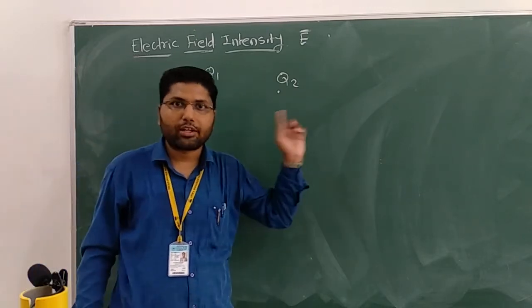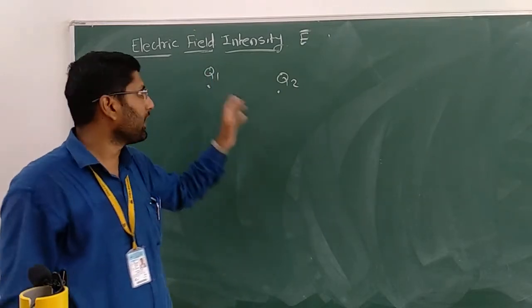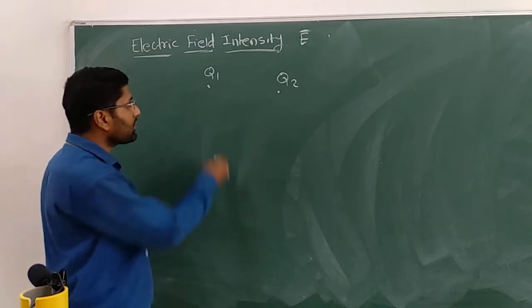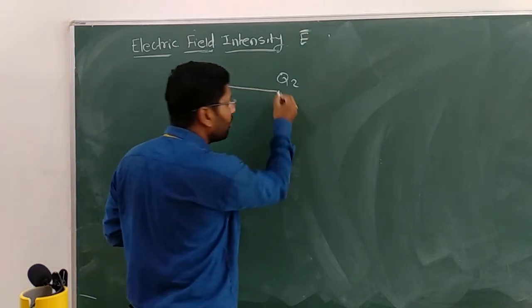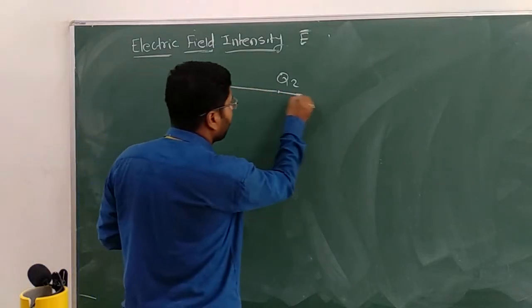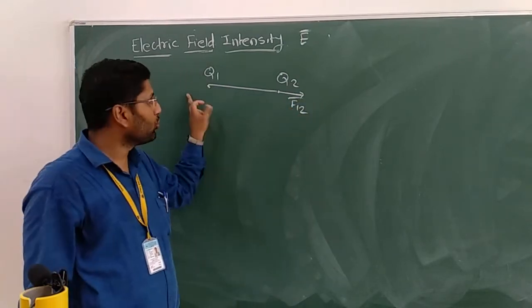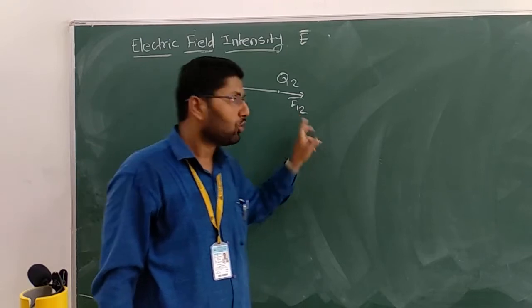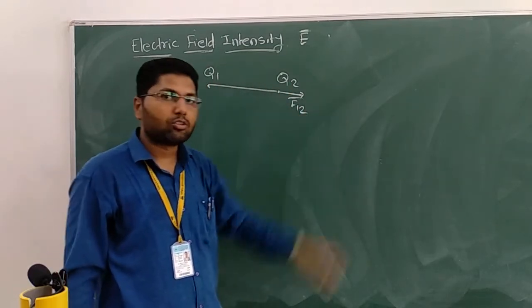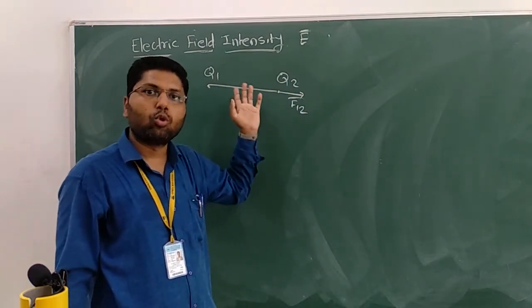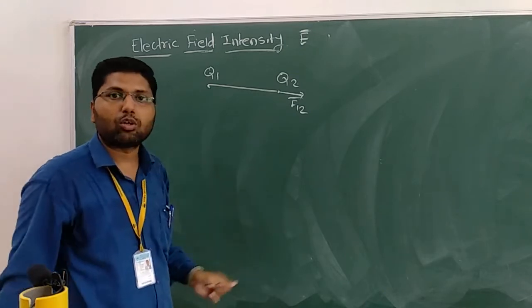In Coulomb's law, the force applied from Q1 on Q2 is given by F12 bar, the force by Q1 on Q2. That is the equation of Coulomb's law.